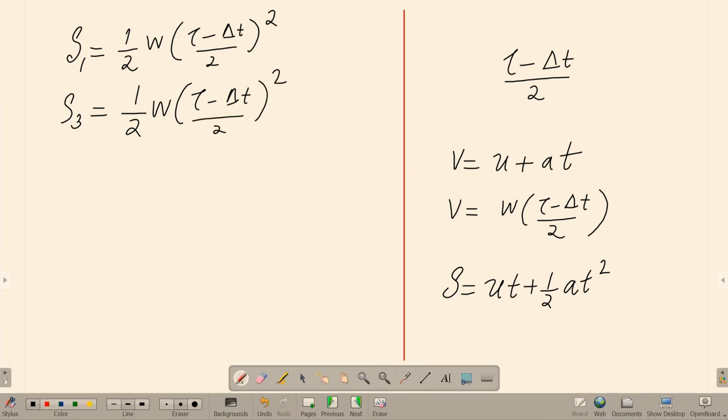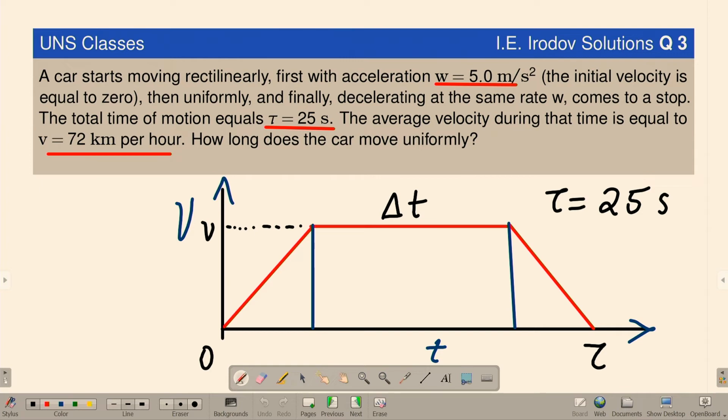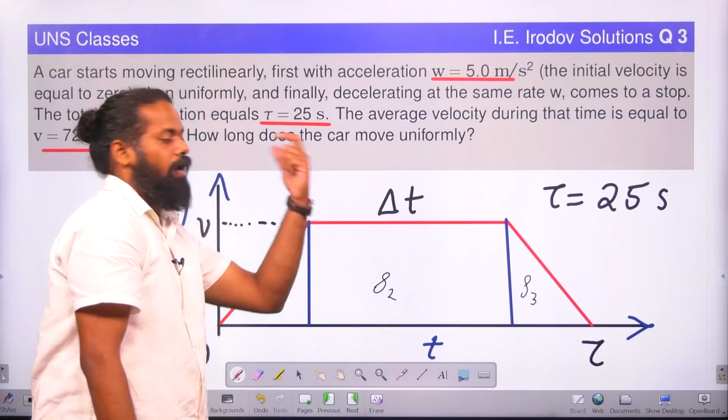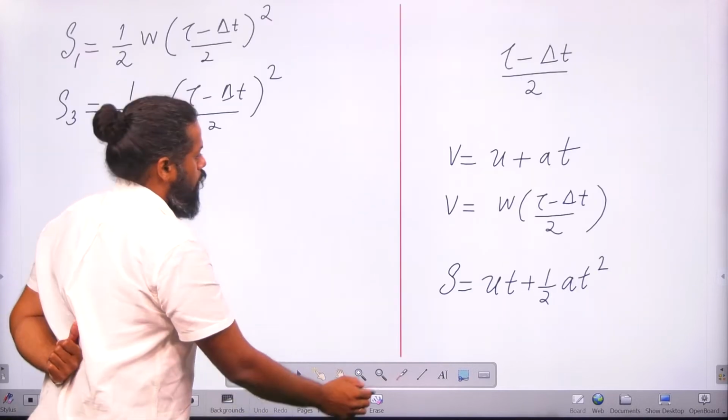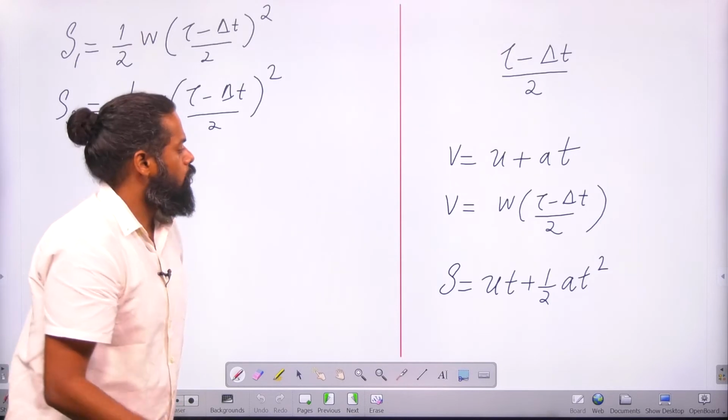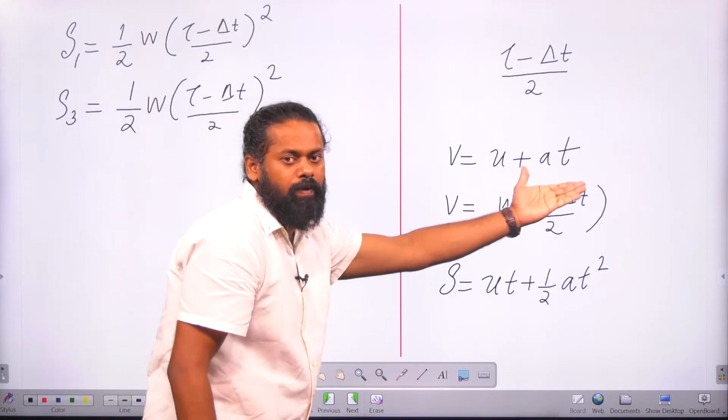See, this part has a displacement of S1, this is S2 and S3. So S1 and S3 should be the same, and we can find out S2 very easily. S2, we know the constant velocity, so displacement is equal to velocity multiplied by time.